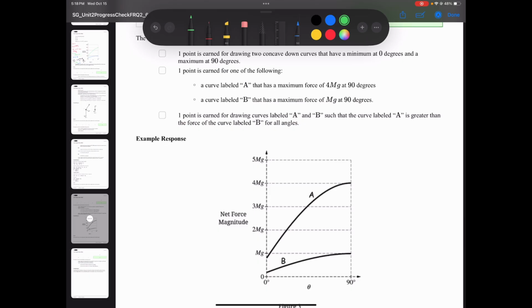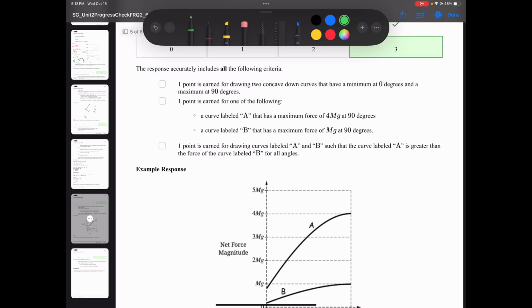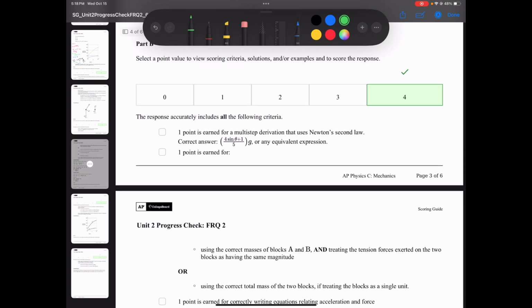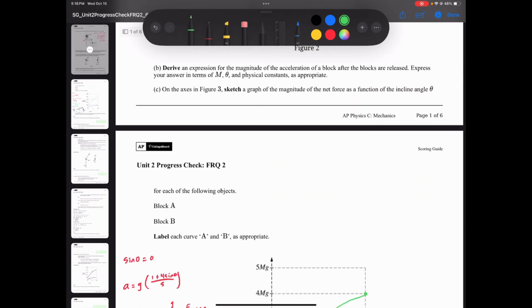Even if the starting point was different, they wouldn't even take a point off. Because they only care that A always has a larger net force acting on it than B. So sometimes the scoring guidelines are a bit generous. They're not super sticklers. But let's do it right.